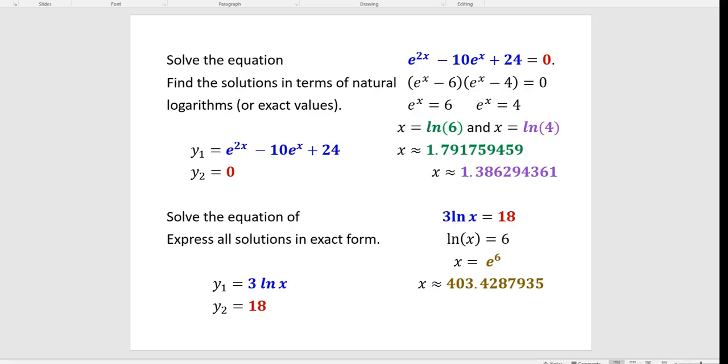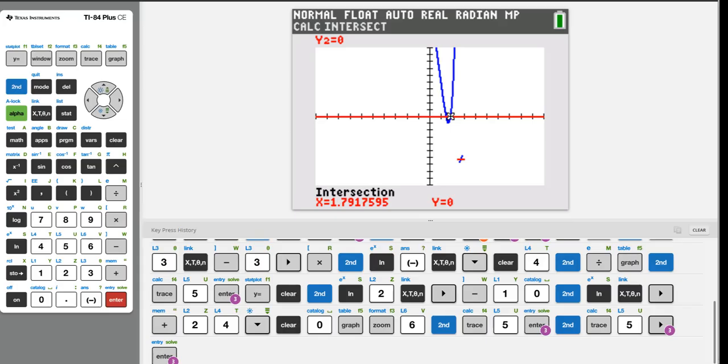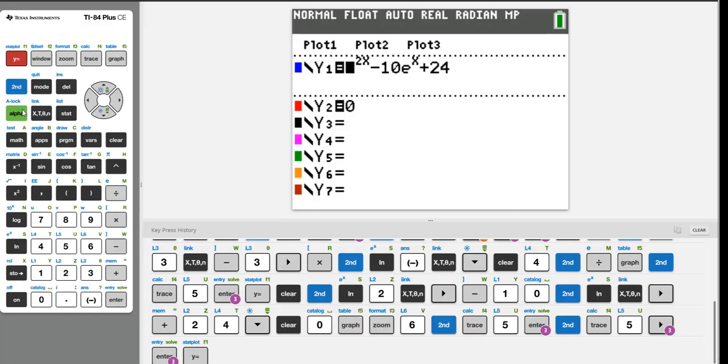Using the TI-84 to verify the answer to the second problem, press y equals. Press clear to clear y1. Type in 3, the natural log, x, and press close parentheses. Press the down arrow.